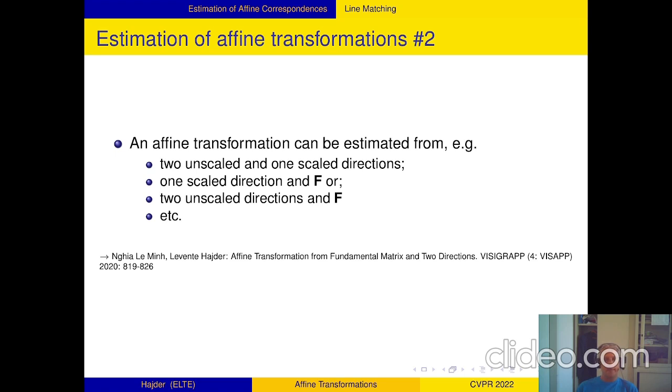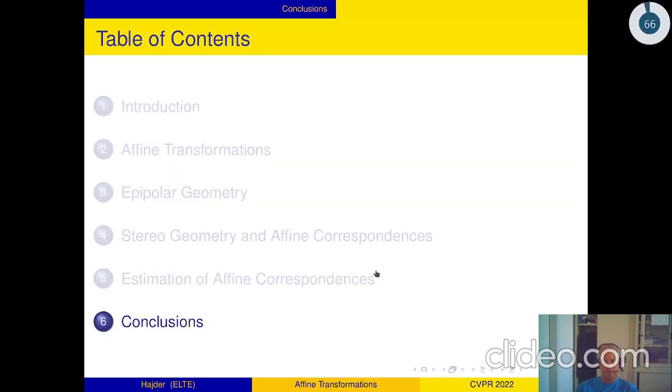So we can estimate the affine transformations if two unscaled and one scaled directions are known, or we have one scaled direction and the fundamental matrix, or we have two unscaled directions and the fundamental matrix, and so on. So novel algorithms can also be applied. This is the theory. This is a very theoretical paper, and for practical applications, I think there is possibility to improve the algorithms.